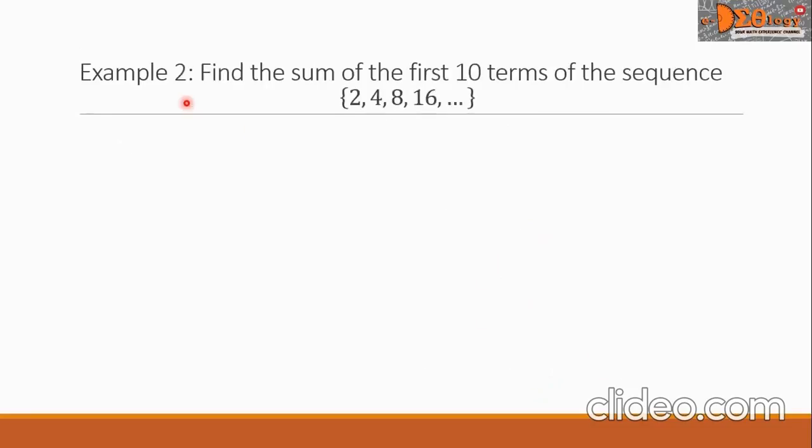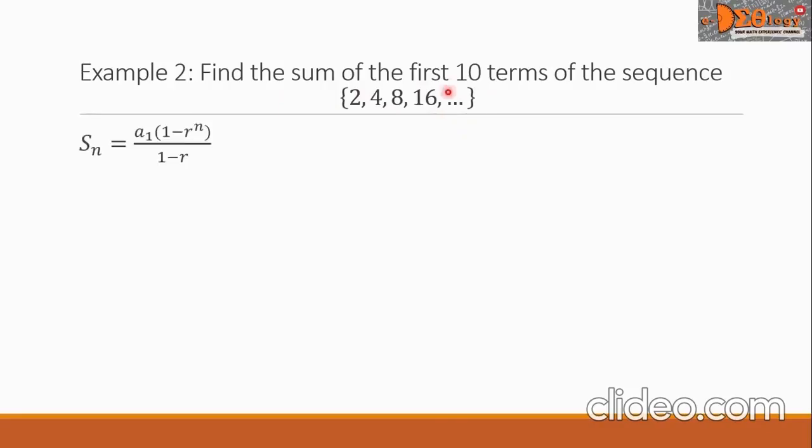Let us have example 2. Find the sum of the first 10 terms of the sequence. First term is 2, second term 4, third term is 8, fourth term is 16, so on and so forth.